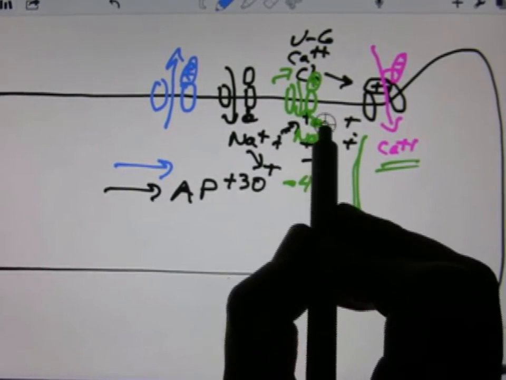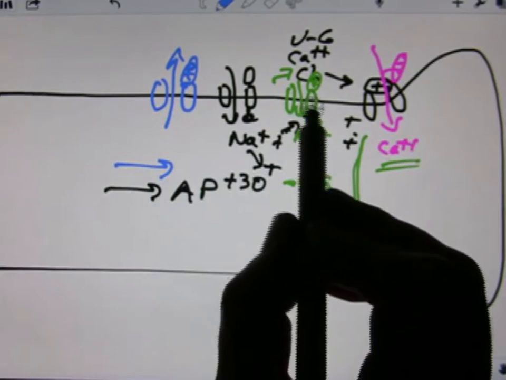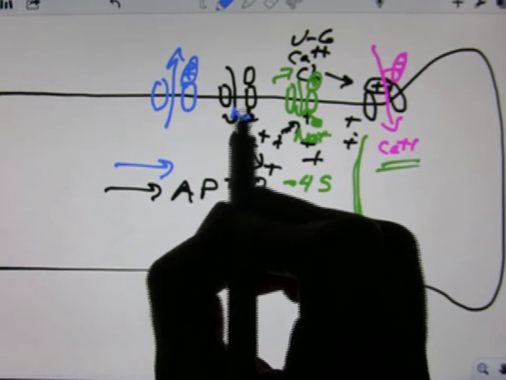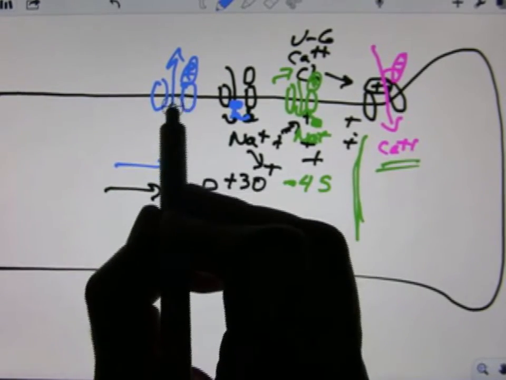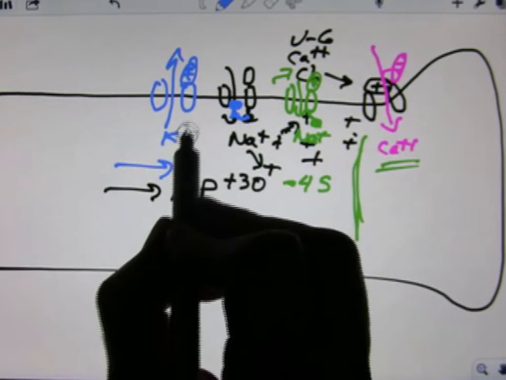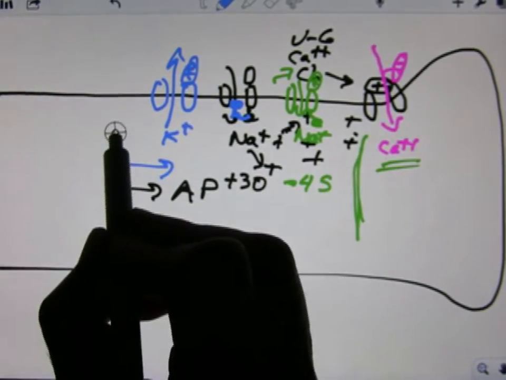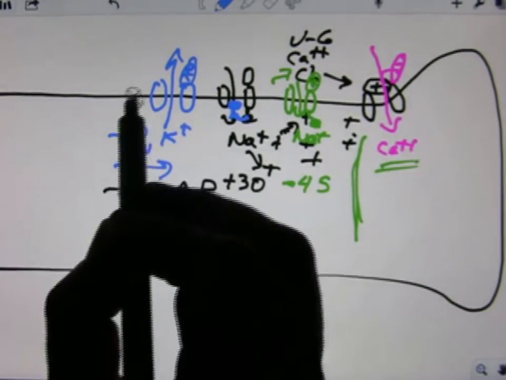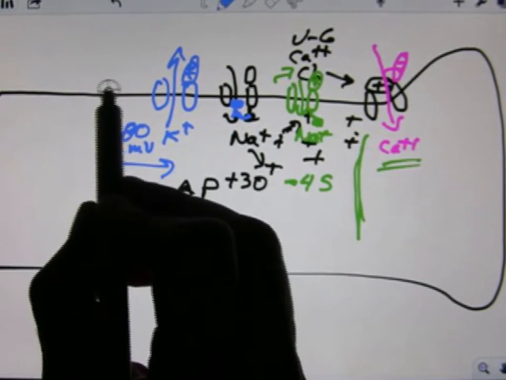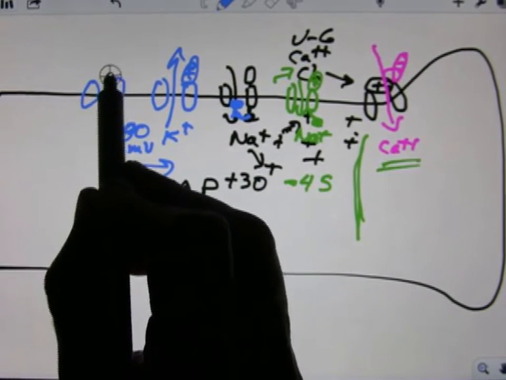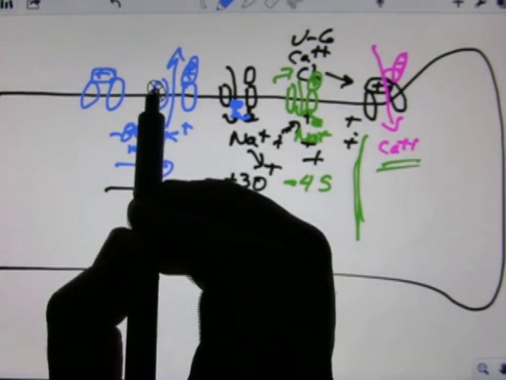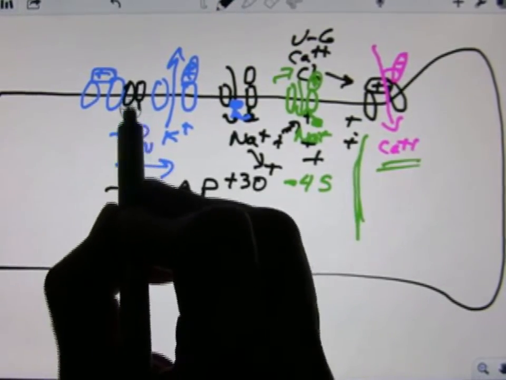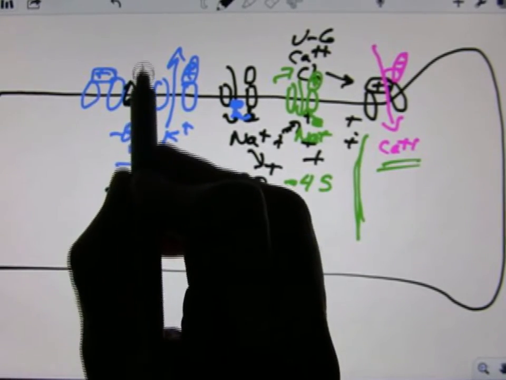So this has happened, and then as that progresses, these will close. So these would be closing, and voltage-gated potassium channels would be opening, potassium would be leaving, and it would continue leaving until we were at minus 80 millivolts. Further back behind that, we'd have voltage-gated potassium channels closed, and of course all of our voltage-gated sodium channels would have their inactivation gates closed.